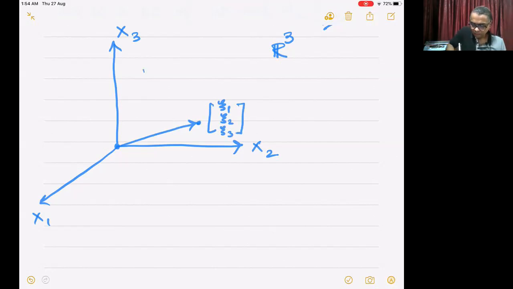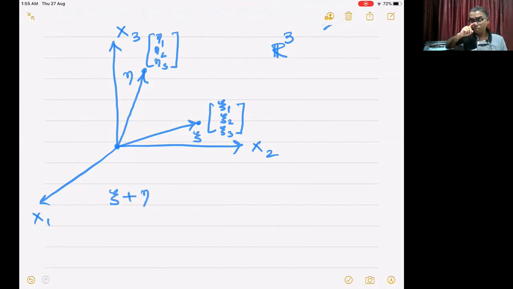I can have another point, another arrow, and that is another tuple, eta1, eta2, eta3, another 3-tuple. So this vector I will call xi and this vector eta. What is meant by xi plus eta?